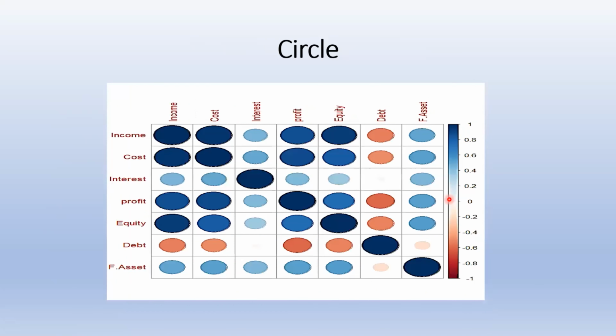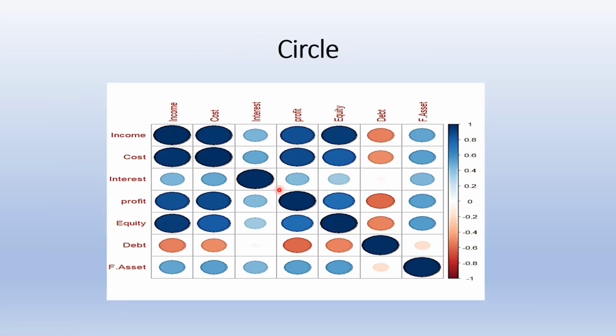Now, the next method is the circle. Now, how we interpret the circle in terms of a correlation coefficient: the areas of the circles show the absolute value of the corresponding correlation coefficient. If we find the diagonal, we have a positive one value, as we discussed in the previous slide.